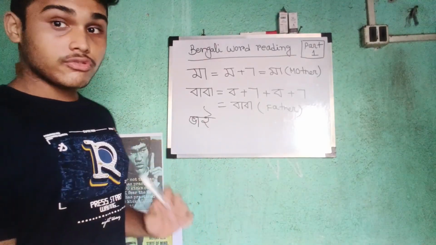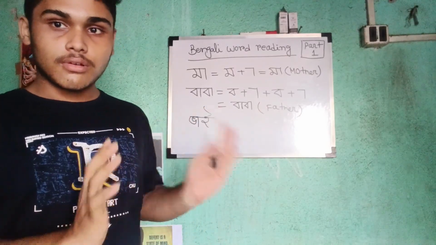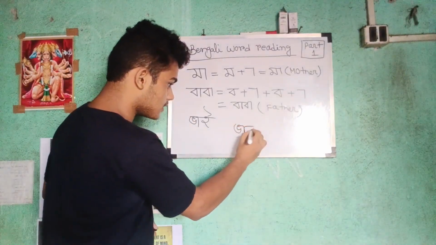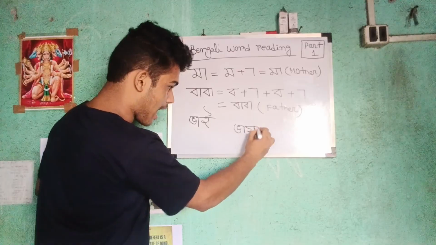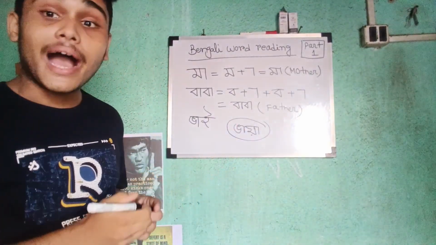We have to use a consonant, then we can use a vowel sign, like bha a yo a, which sounds like bhaya.